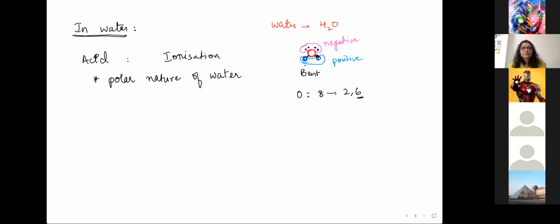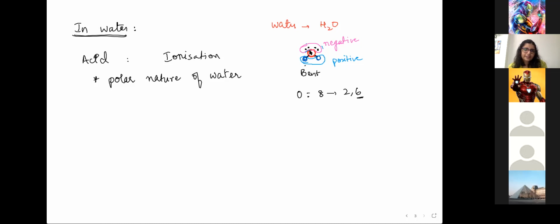Okay, so simple. You don't even have to know the shape of the water molecule and all that. All of that will make sense later. But the main point is, because of the shape of the water molecule, one side of it is negative and the other side of it is positive.